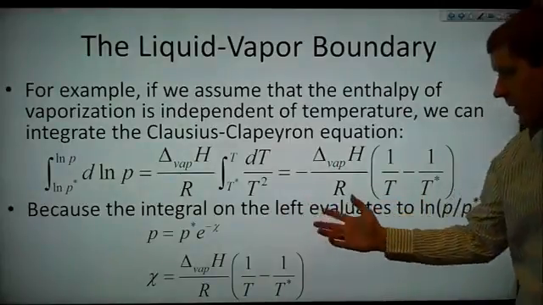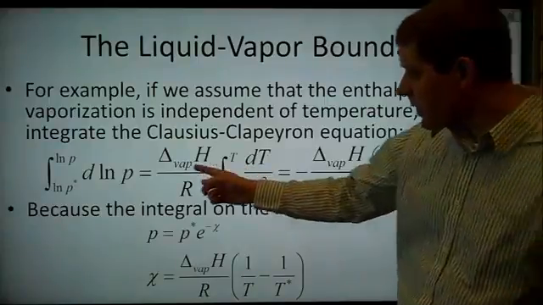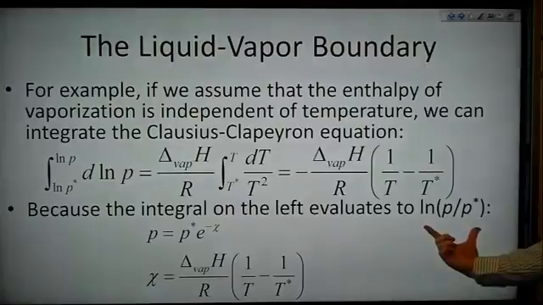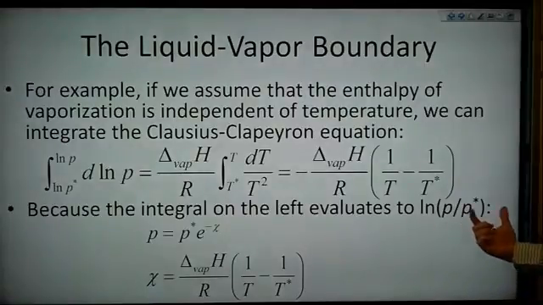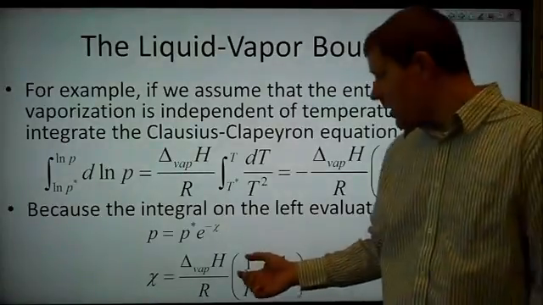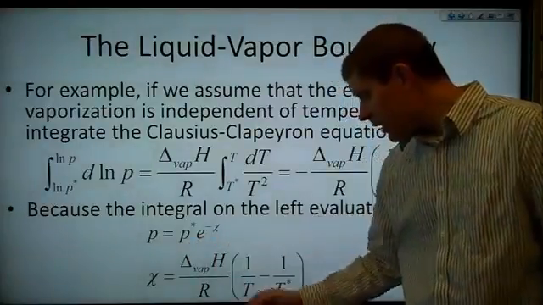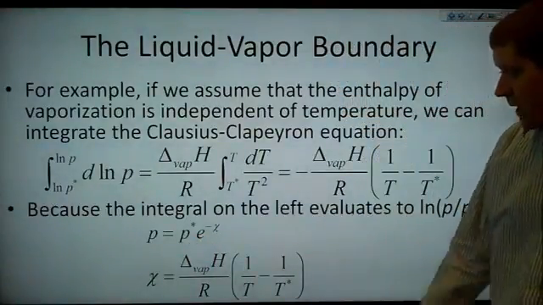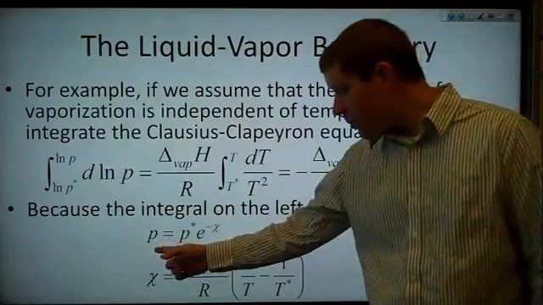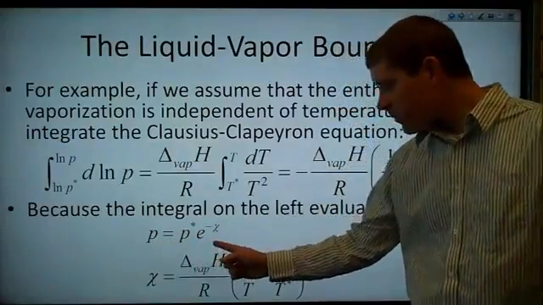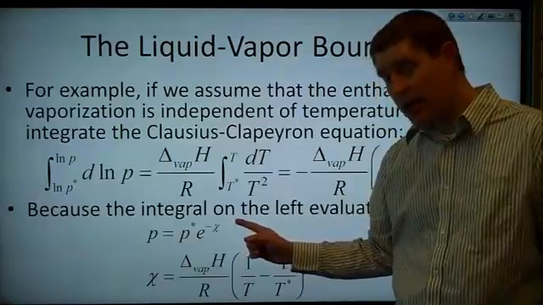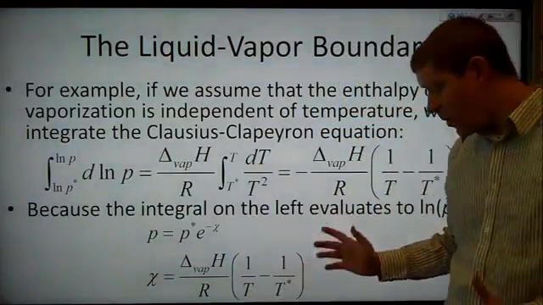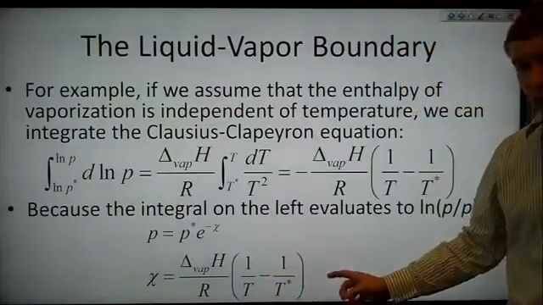The integral on the left evaluates to the natural log of pressure divided by P star. Then we get this. And so now we get P equals P star times e to the minus chi, where chi is the enthalpy of vaporization over R times the quantity 1 over temperature minus 1 over temperature star.